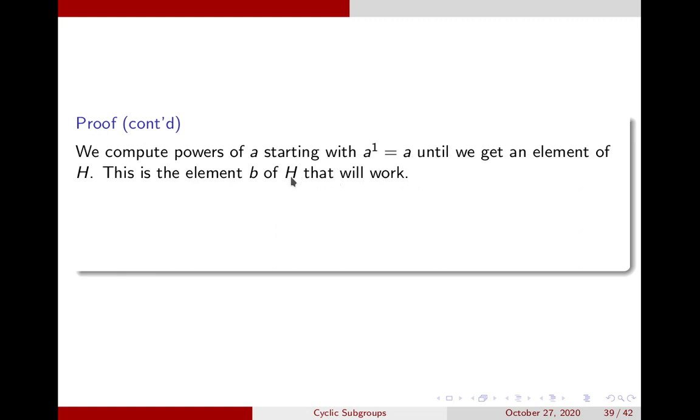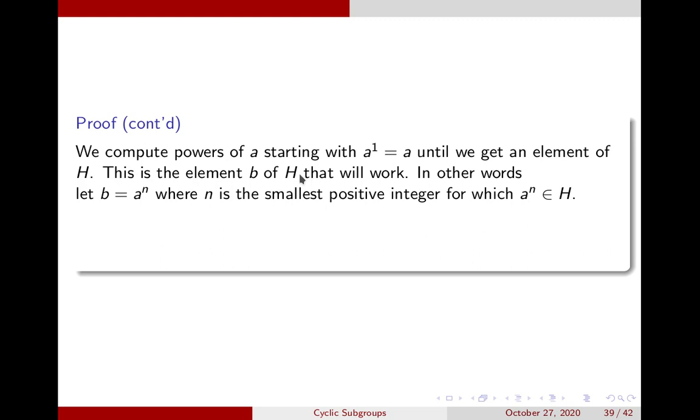This will be the element of capital H that generates capital H. So in other words, we are letting B equal a to the n, where n is the smallest positive integer for which a to the n ends up in capital H.